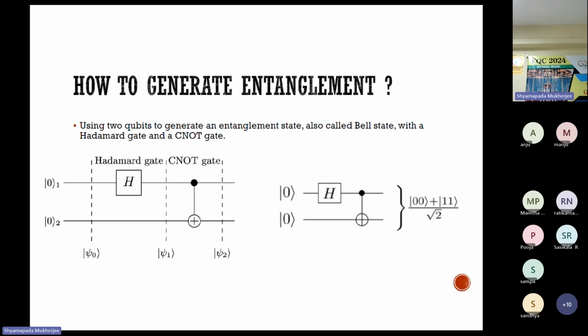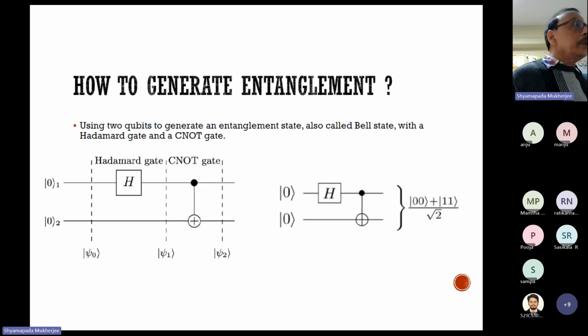So this is one of the Bell states. This Bell state is an entangled state. I know that a Bell state is an entangled state. So with the help of the Hadamard gate and the CNOT gate, this combination is used to produce an entangled state from any input.